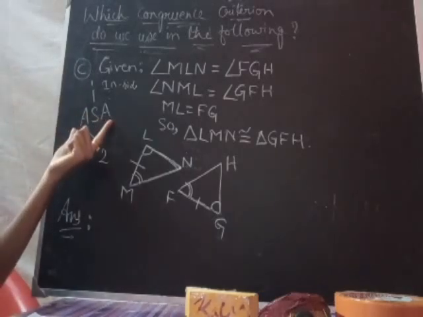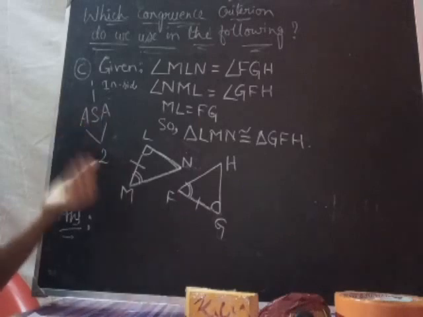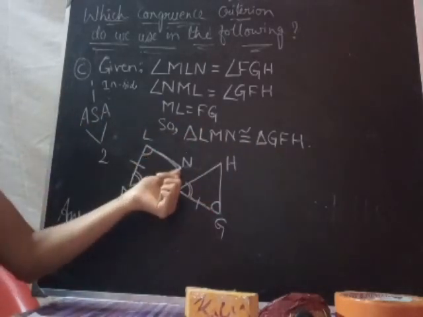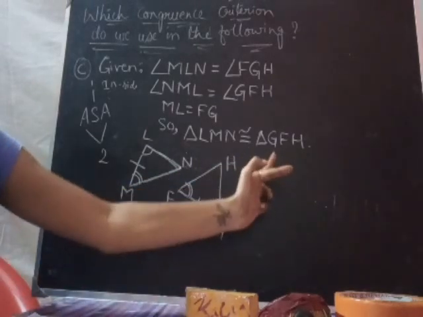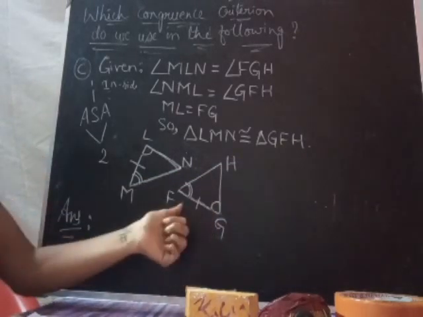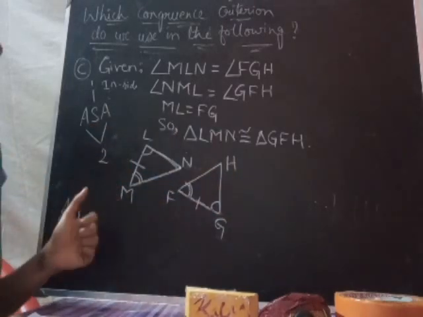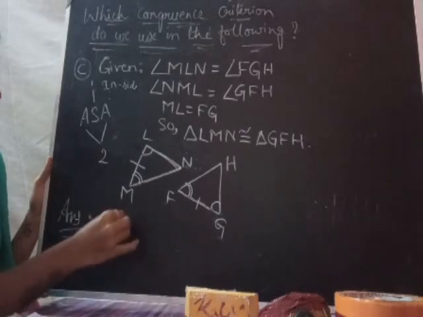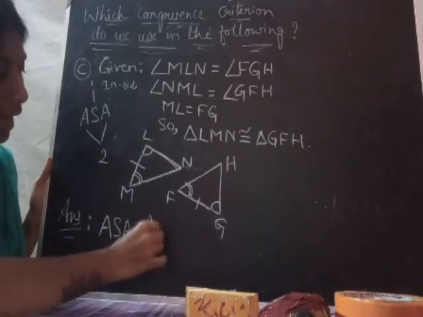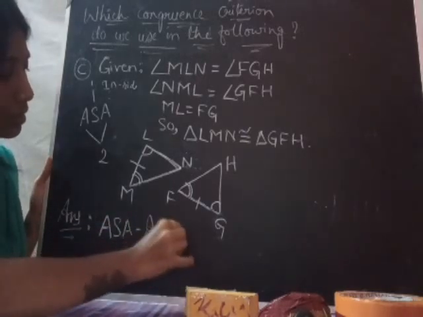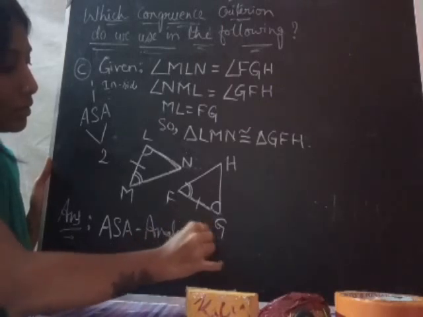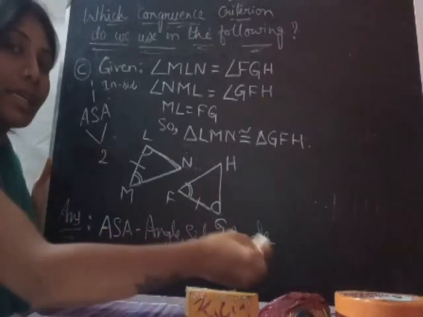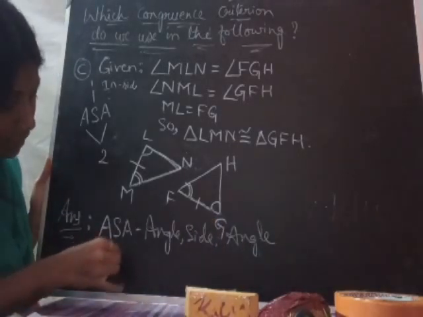So using this congruence criterion, we can say that triangle LMN is congruent to triangle GFH. Using which congruence criterion? A, that is angle, side, angle congruence criterion.